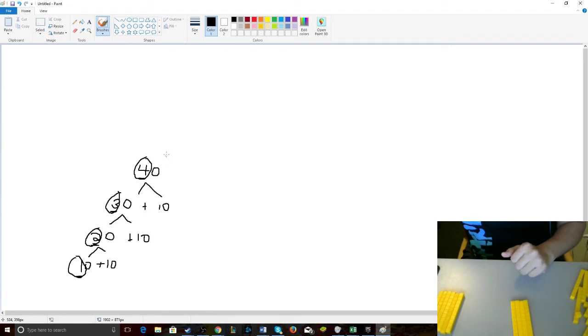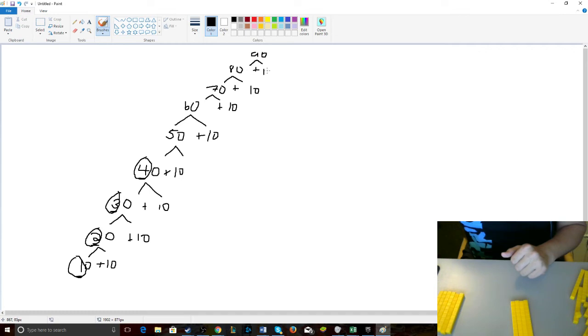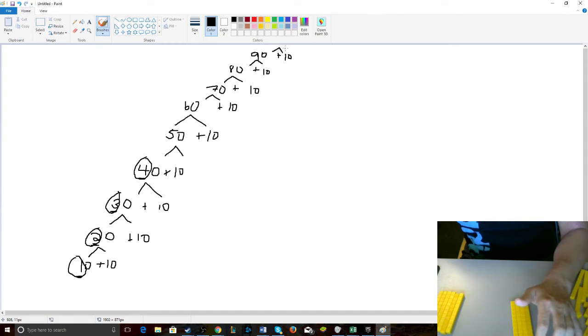So if we keep going, we'd get 50, 60, 70, 80, 90, and then running out of space, but that would be 100 at the end.